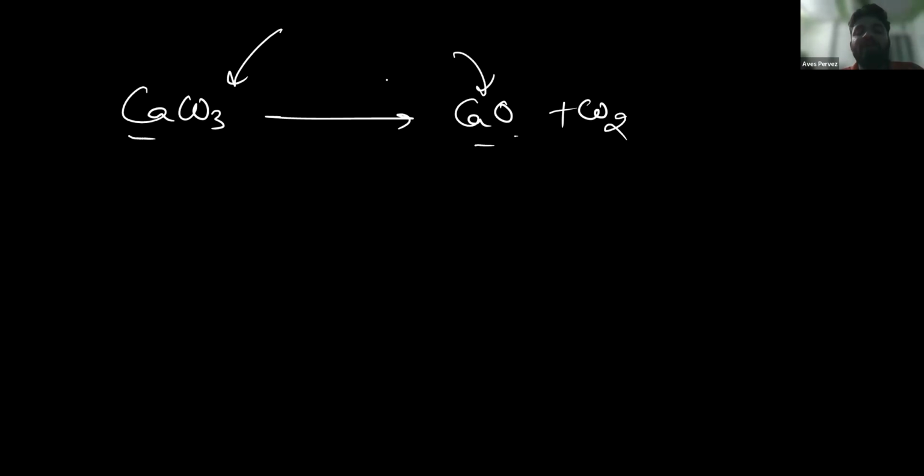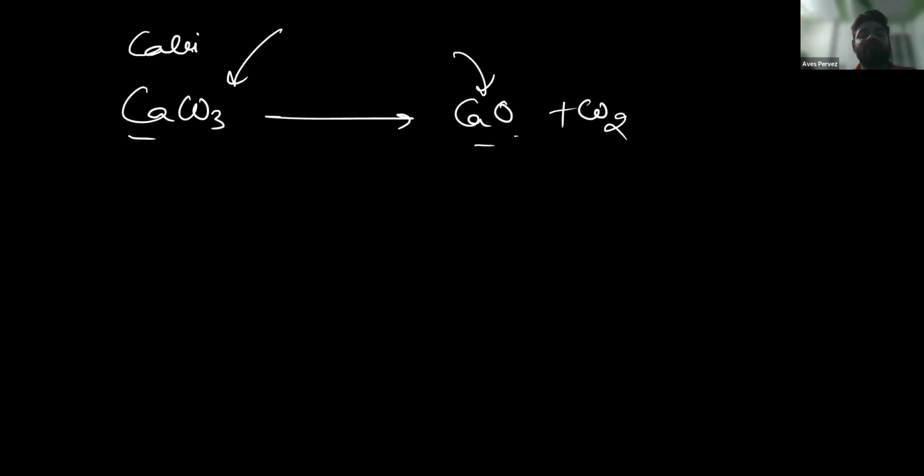So in calcination, the carbonate ores are heated in the absence of air or oxygen. You understood? Yes, sir. And what happens in roasting? The sulfide ores are heated.